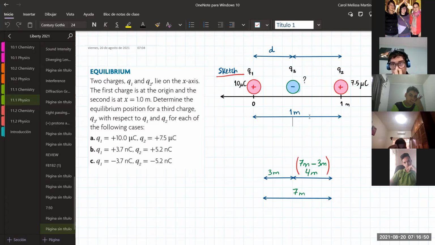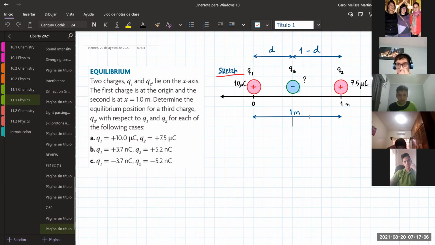So from the whole distance of 1, we're going to take this little portion away. So it is 1 minus d. And to find the equilibrium position, we say that the electric forces, by using Coulomb's law, both need to be the same. They need to be equalized.